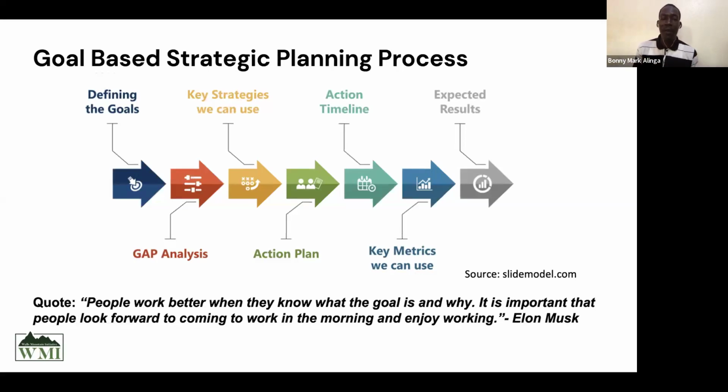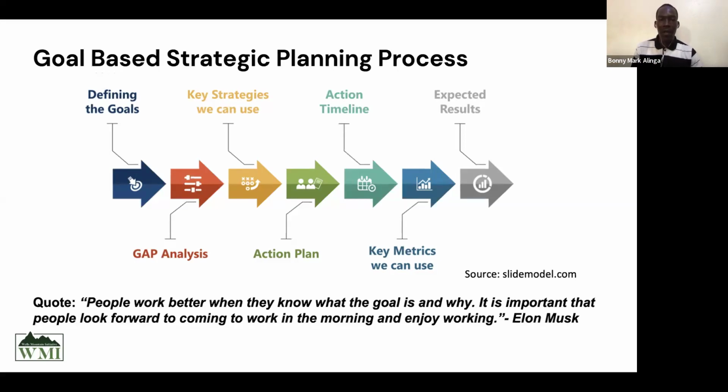So you start by defining the goal itself, go into the gap analysis, looking into the nitty-gritties of the business and the initiative or the focus of what solutions you want to create within the community.